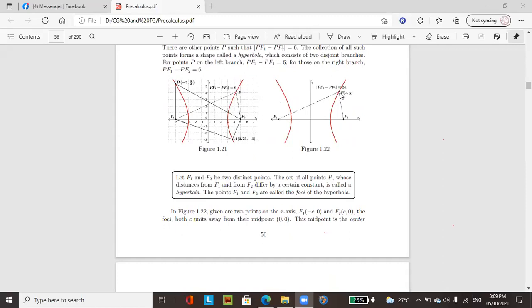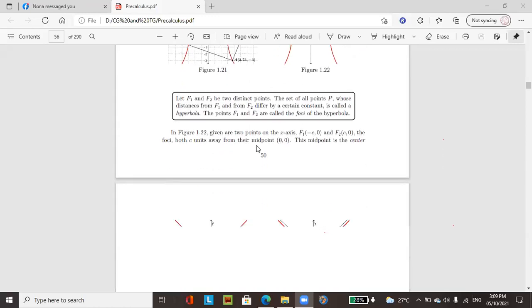Suppose this is the point P of x. The distance from f sub 1 to P minus the distance from P to f sub 2 is equal to 2a. So in the ellipse, when you add, that is equal to 2a. But this time in the hyperbola, minus. So that is its definition.